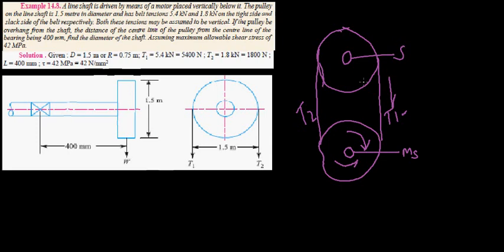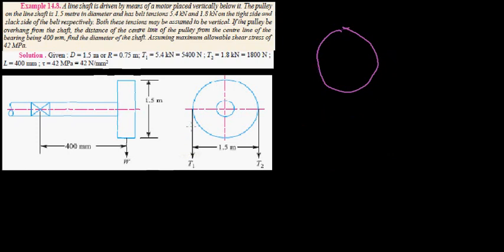Alright, so now I want you to understand one really important concept. So let's say we have a pulley like this, and this is our shaft. Now the belt is fitted, and we know that there is a motor down here.